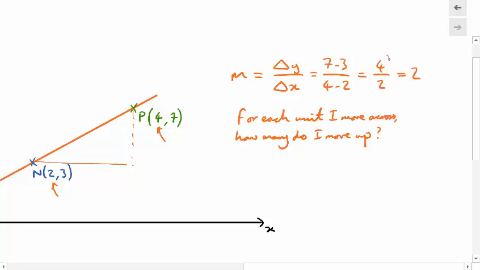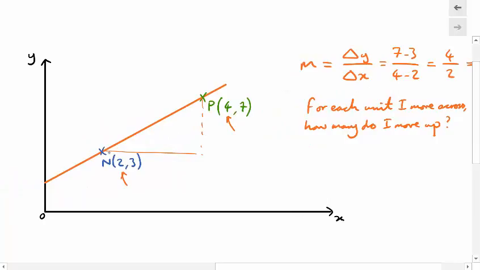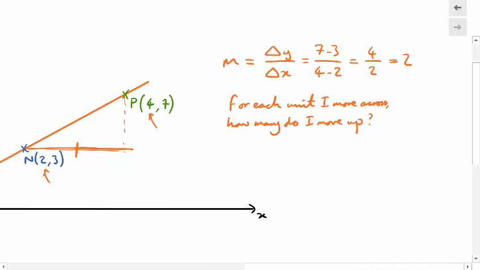I move 4 up if I move 2 units across, but I only want 1, so I have to divide by my 2. I only want to move 1 across, so I'm going to have to find half of that distance, which is why I divide by 2. Hopefully you can see. So my gradient of this orange line here is 2.